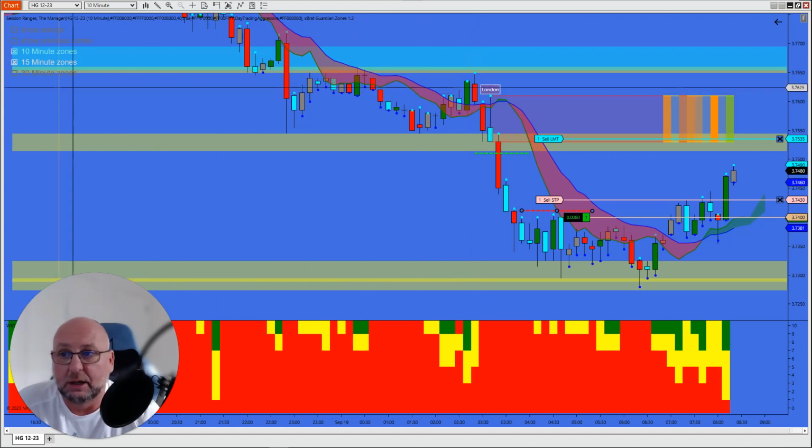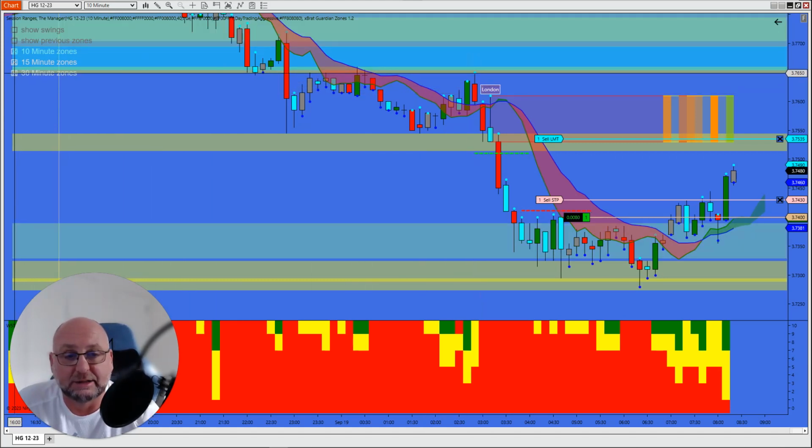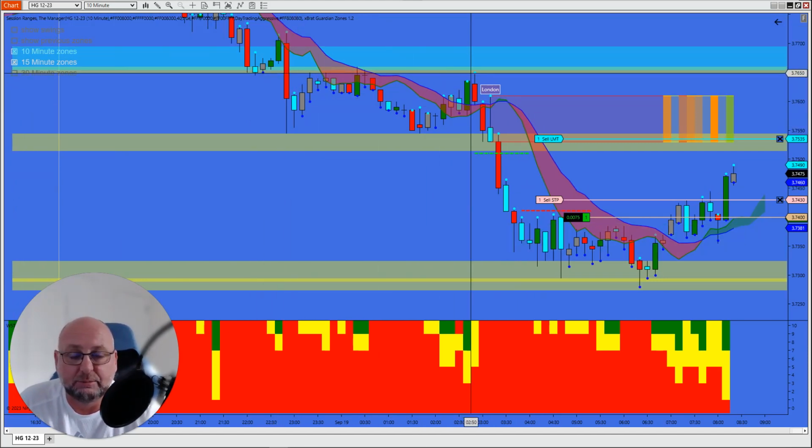If I just put on a 30 as well, you'll see that's at the top there, that's really strong resistance as well. So it came to test a multiple time frame resistance zone, came back down to test this short-term support, and then we got the London Open.